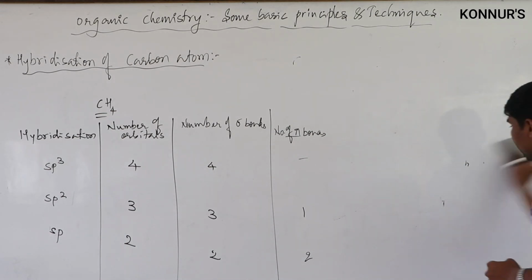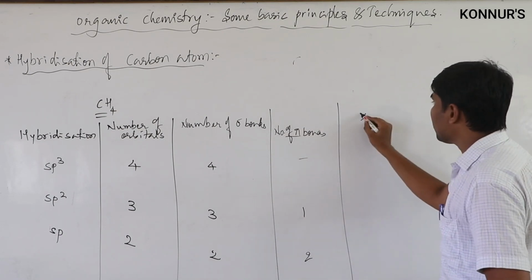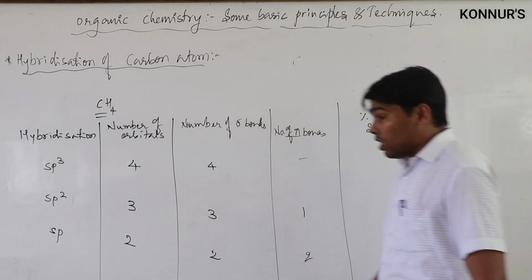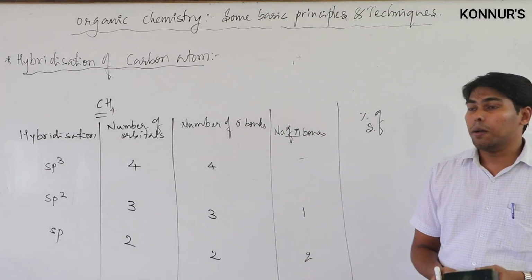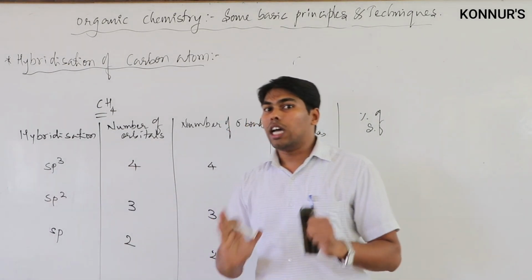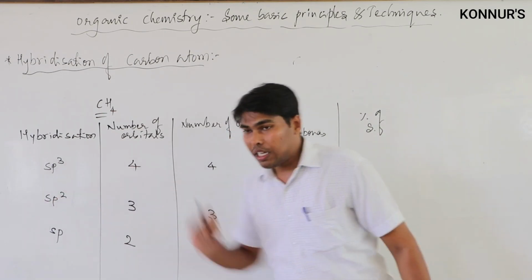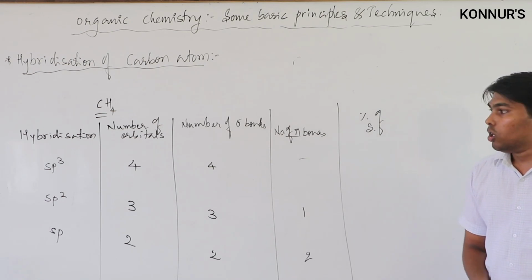Now the percentage of S character, we will discuss that. Percentage of S orbital. In order to find the percentage, we need to take the number of orbitals and divide 100 by that. Since there are 4 orbitals, 100 divided by 4 is 25.